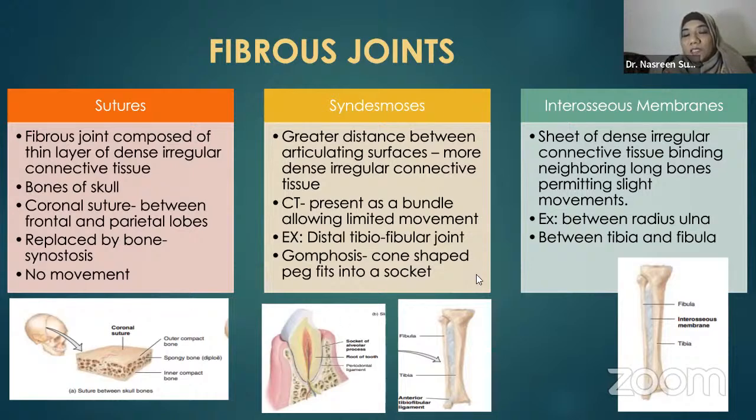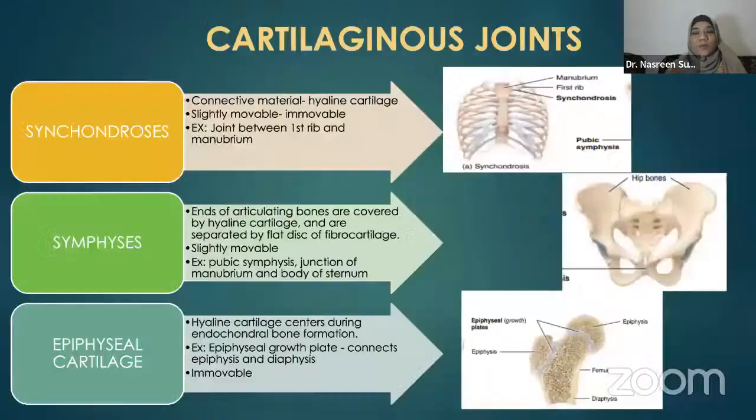The best examples for this is presence of dense irregular connective tissue between the tibia and fibula, you can see here, and also between the radius and ulna. When you have studied the bones part, in the radius ulna and in the tibia fibula, you have seen the structure. They are both attached with the interosseous membrane. So that is about the interosseous membrane.